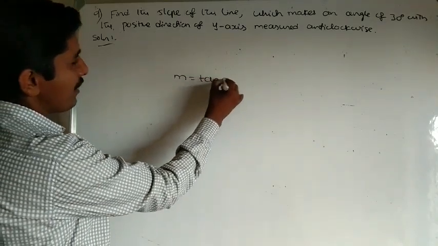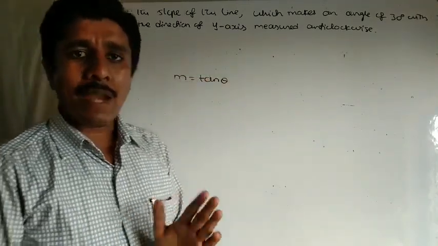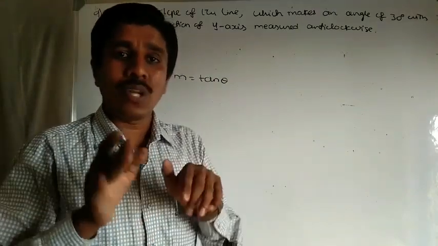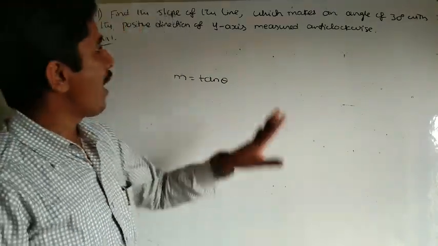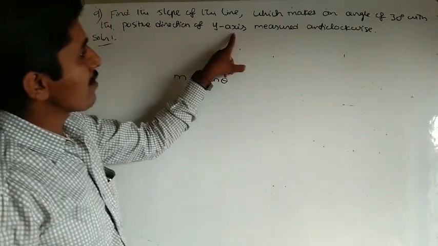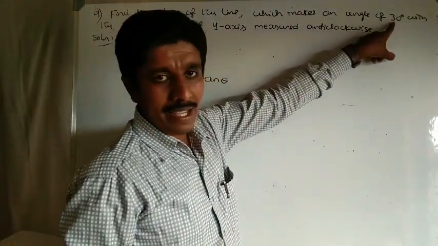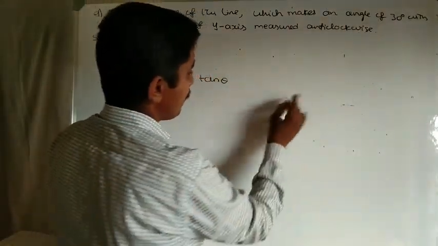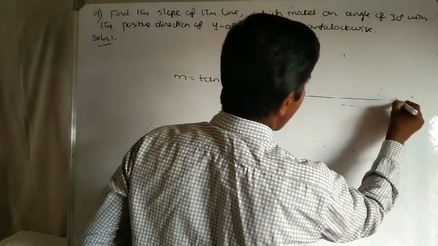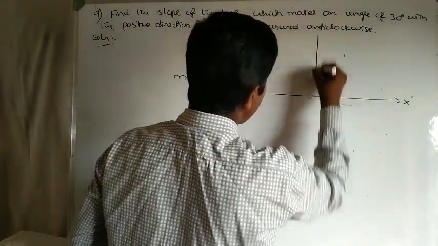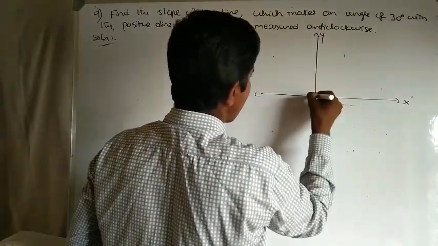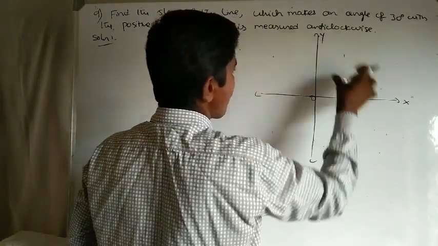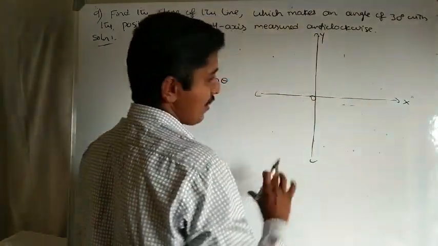Got it? Here theta is the angle made by the line with the positive direction of x-axis, but here the given angle is with the positive direction of y-axis, 30 degree. X-axis, y-axis, positive y-axis, positive x-axis, correct.